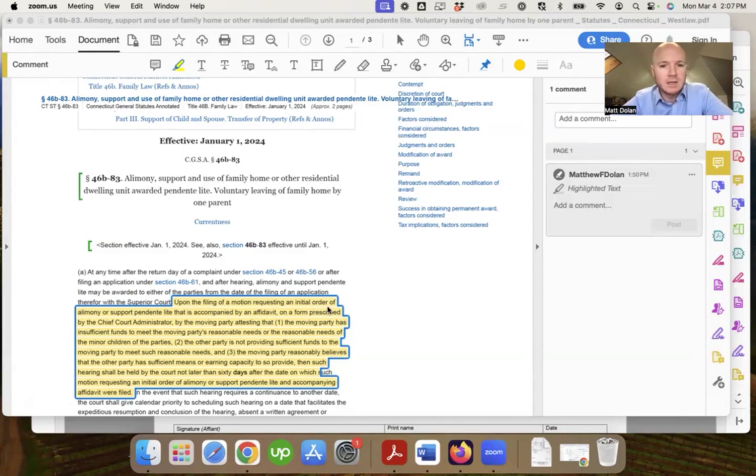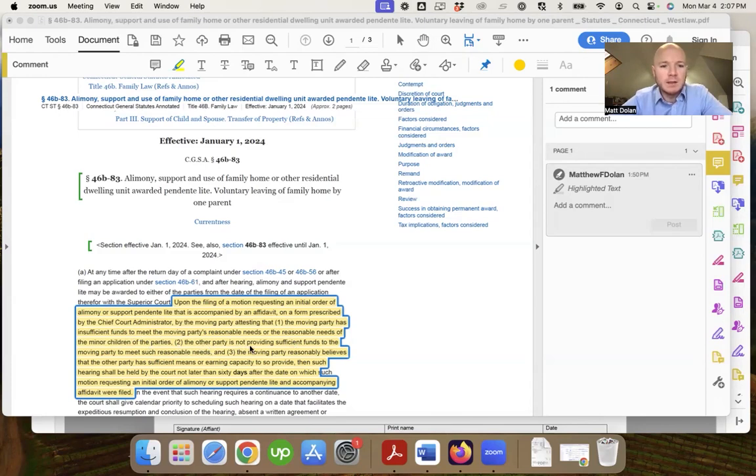motion requesting an initial order of alimony or support pendente lite that is accompanied by an affidavit on a form prescribed by the chief court administrator by the moving party attesting that, one, the moving party has insufficient funds to meet the moving party's reasonable needs or the reasonable needs of the minor children of the parties.